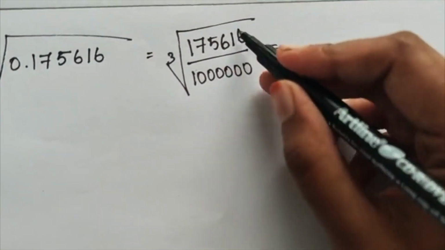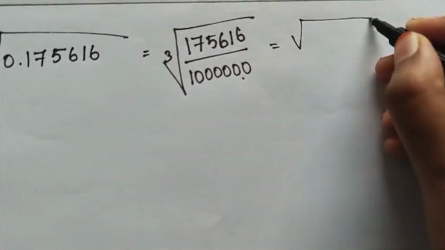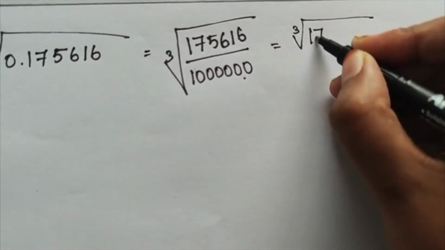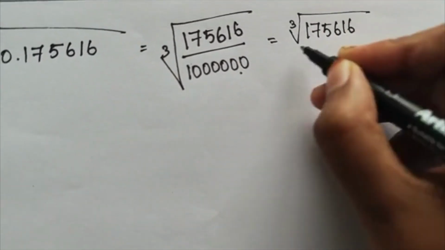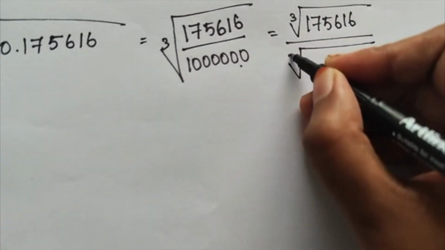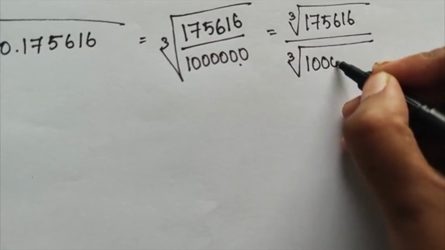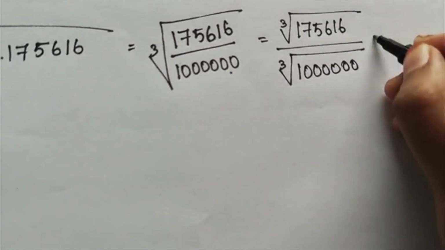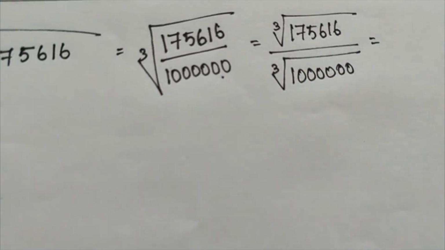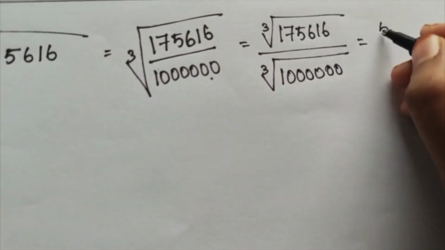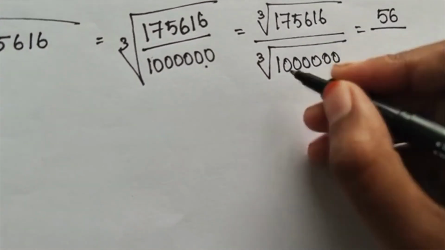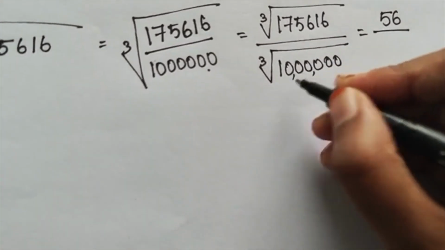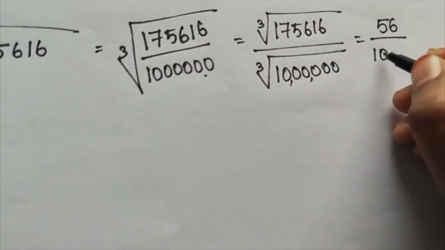So cube root of numerator by cube root of denominator. Cube root of 175616 by cube root of 1000000. So cube root of 175616 is nothing but 56 by cube root of 10 lakh is nothing but 100.